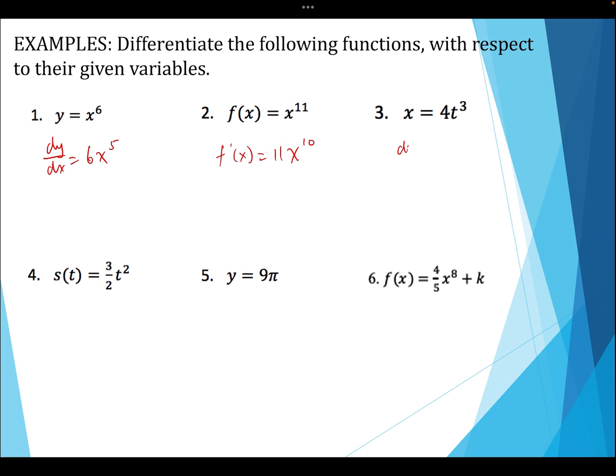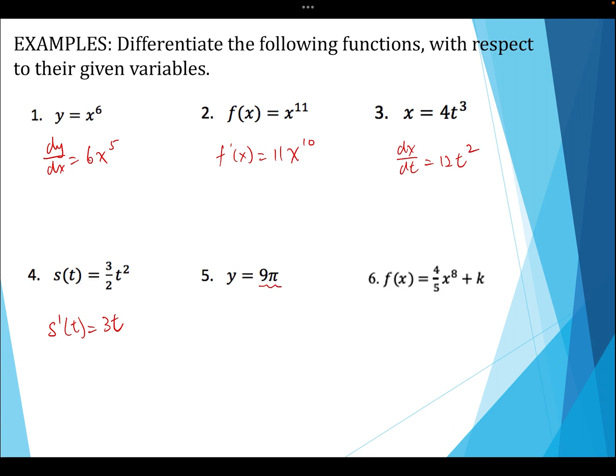Now this one, dx/dt, will then be 12t to the power of 2. S as a function of t, the derivative s dash t will be 3t to the power of 1, which is 3t.